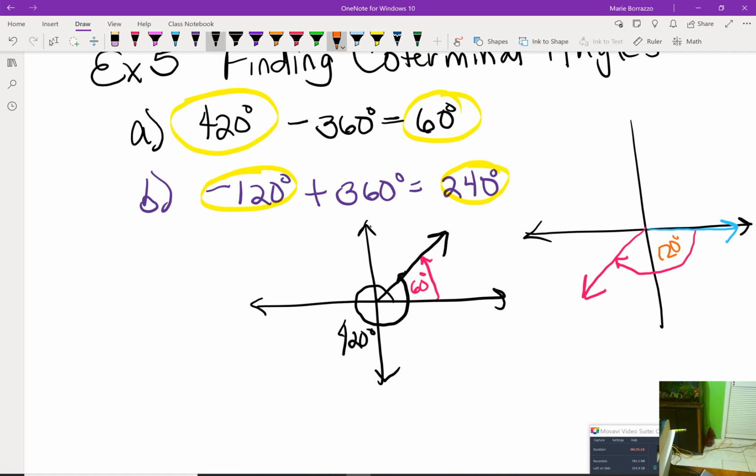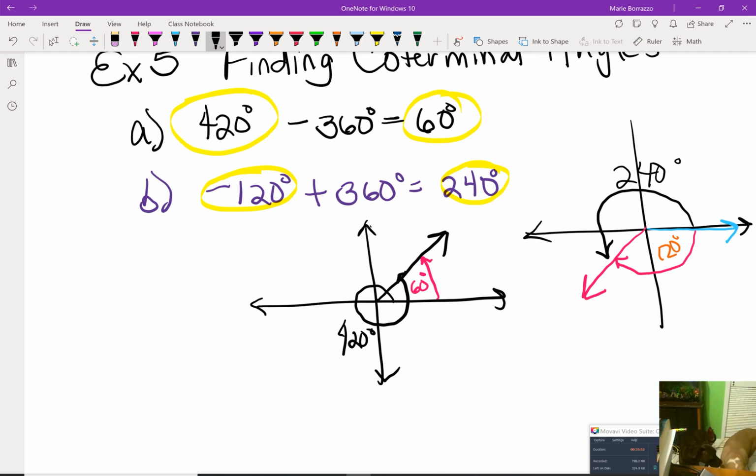And if I go the other direction, up to here, this is now 240 degrees. So no matter which way you approach it, you're going to end up wherever you began. Now, be careful when you do your homework in Pearson that you follow the directions given to you.